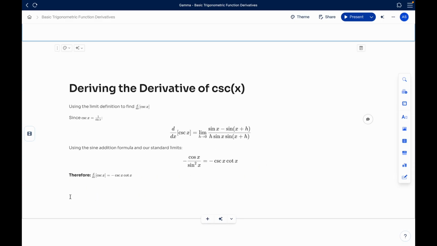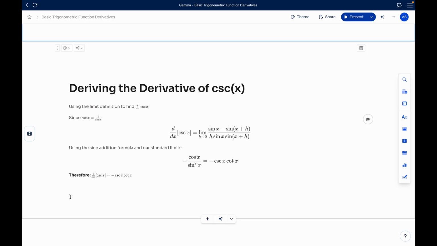And the final derivative that we need to derive is cosecant of x. Using the limit definition, and substituting cosecant of x is equal to 1 by sine of x, we get the limit as h approaches 0 of sine of x minus sine of x plus h divided by h sine of x sine of x plus h.